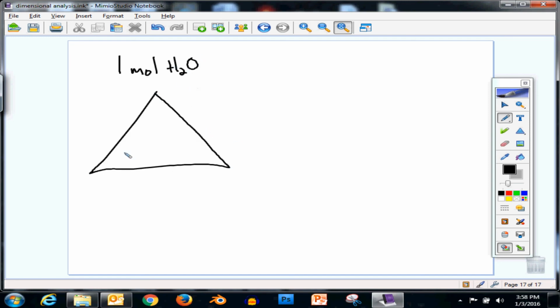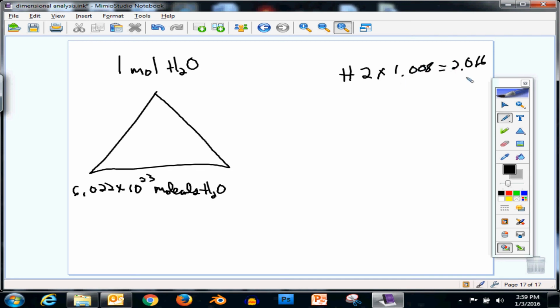Alright, so let's do one that's covalent. Let's do H2O. So if I have 1 mole of H2O, this is covalent, non-metal to non-metal, so this is going to be 6.022 times 10 to the 23rd molecules H2O. And what's the mass going to be?